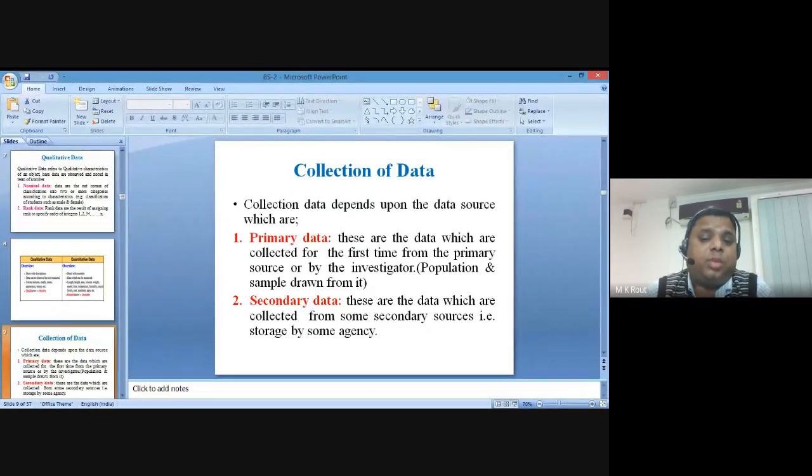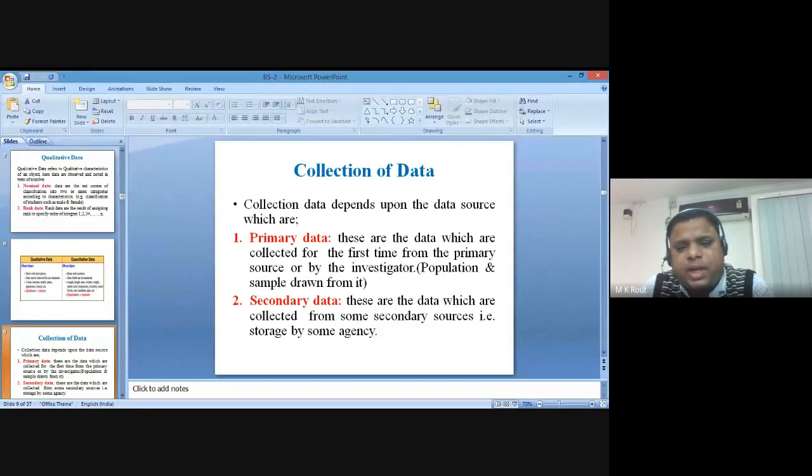For example, in case of a population and a sample drawn from it, basically the population study, with special reference to the election commission, doing this type of data collection from primary sources. The next part is secondary data, which are collected from secondary sources. For example, internet sources, social media sources, print media sources, and government agencies.